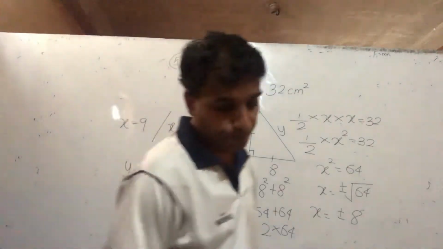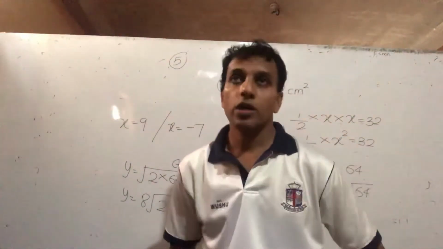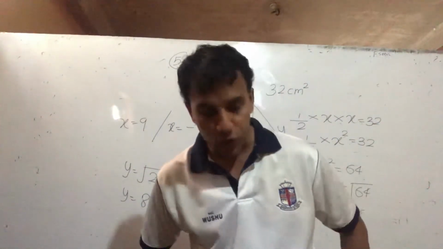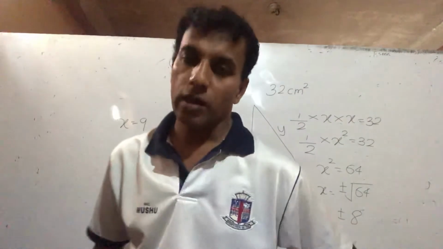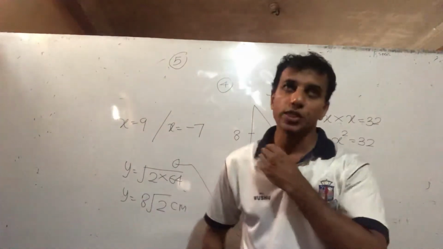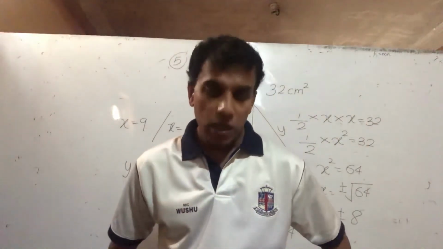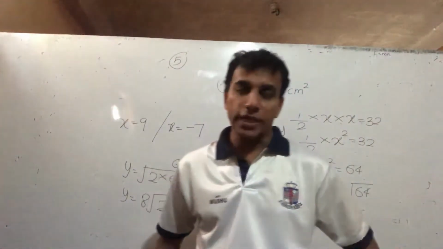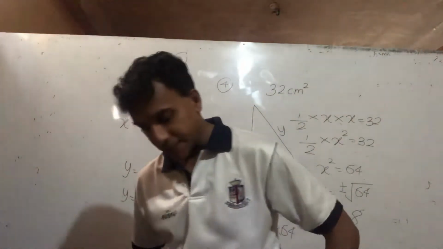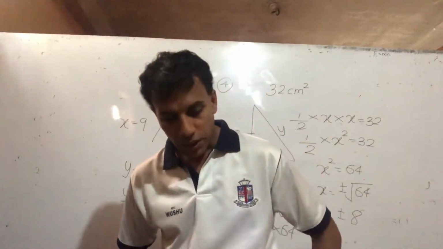Write this question. The product of 2 successive positive odd numbers is 63.